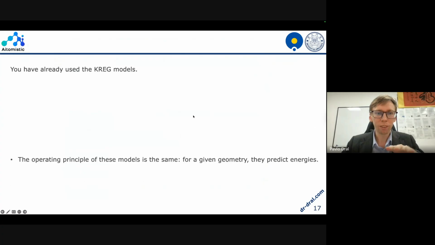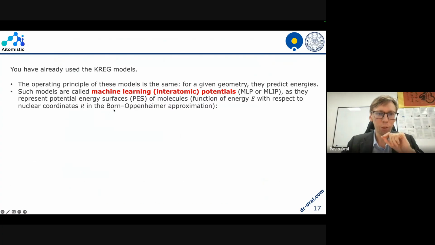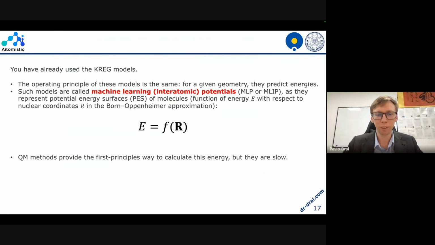So, you used the ANI model, I used ANI, but usually I give a lecture on another one, so ignore this, I didn't update this slide. What is usually called machine learning interatomic potentials I already introduced. Here is a bit more formal introduction: it is a simple function which produces energy based on your nuclear coordinates, plus, of course, very often what kind of nuclei species you have, what chemical elements you have.